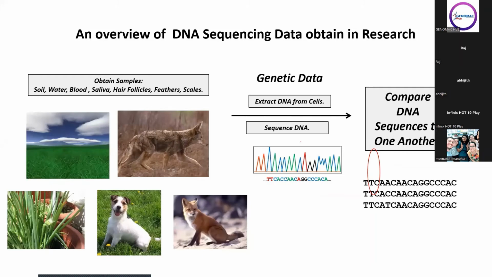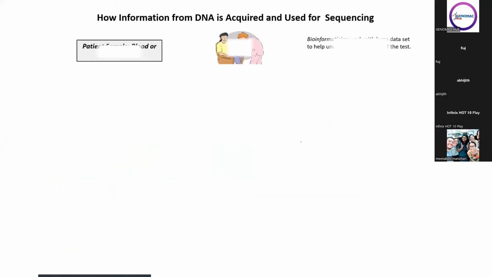From that, we need to extract the DNA and do the sequencing using whichever technology you have, like Sanger, Nanopore, PacBio. And after getting the data, the bioinformatician is going to help us compare the DNA sequence, and they are going to answer our big question: how similar, how different from each other.